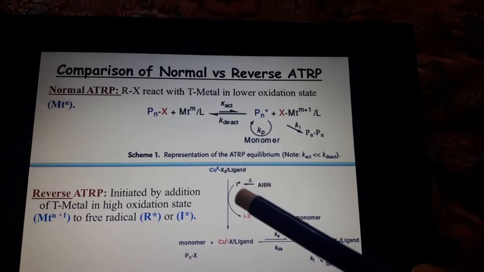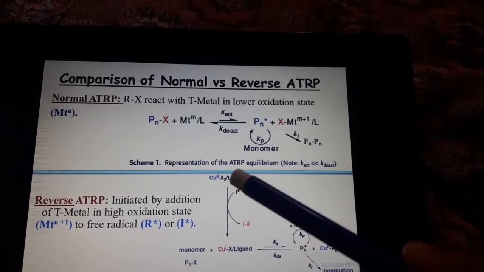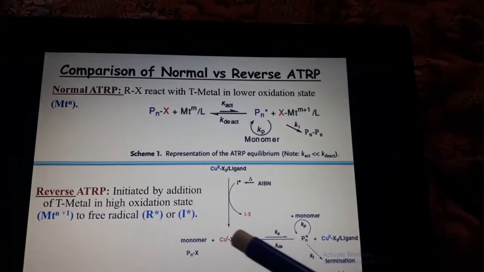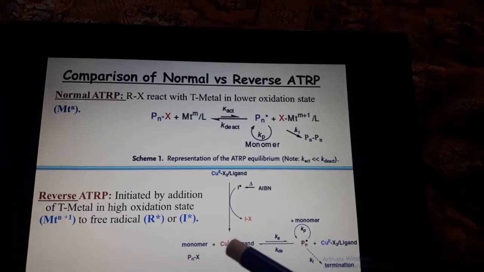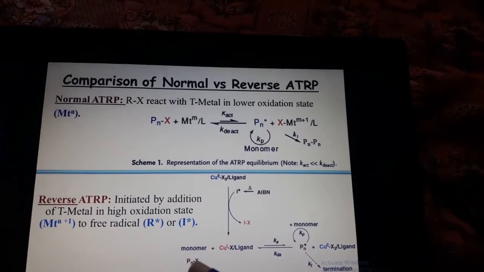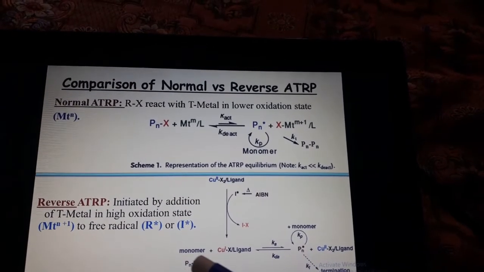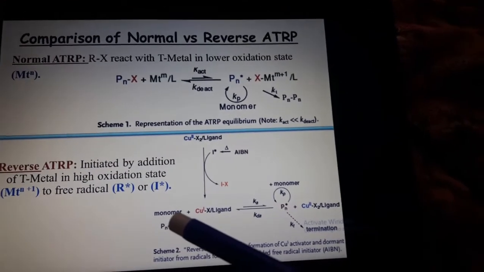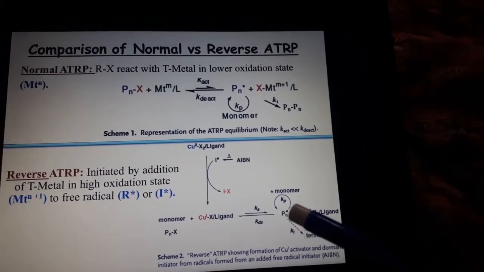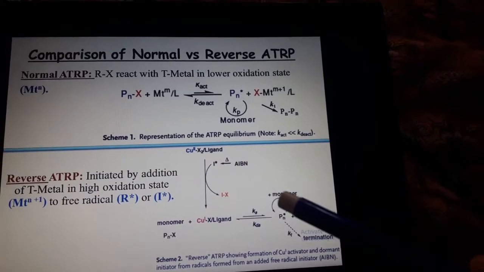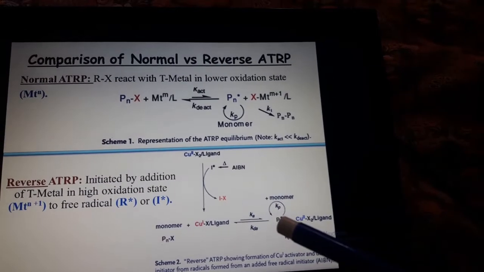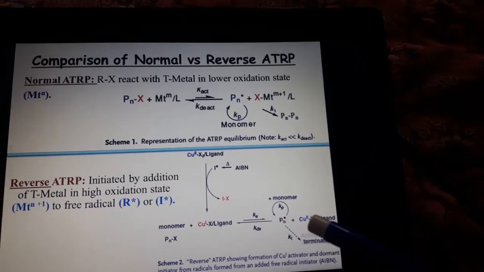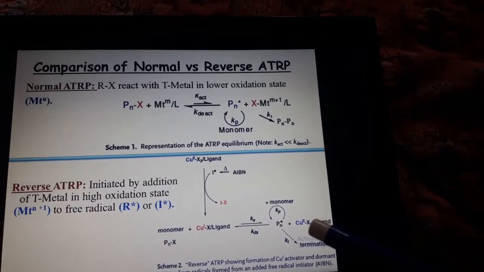So a free radical is added to the higher oxidation state metal complex, and this is converted into an activated complex. This activated complex then reacts with the monomer or the dormant polymer chain, and it initiates the polymerization. By addition of more monomer, we have propagation, and the activator is converted into higher oxidation state.